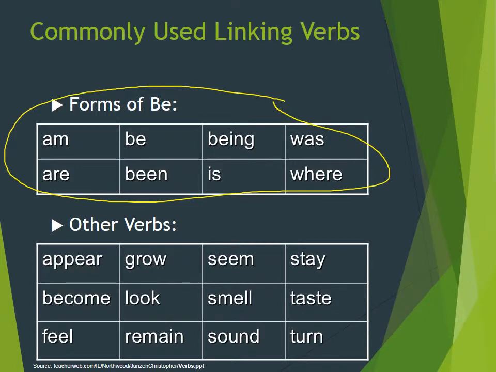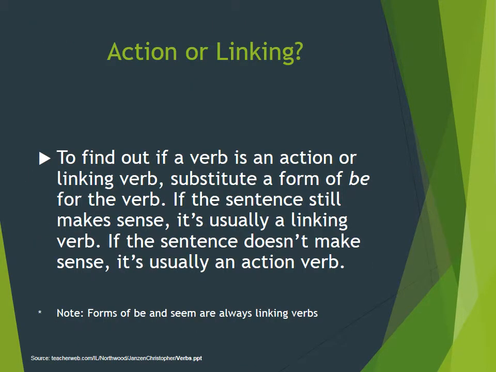So you want to substitute one of those words for the verb and see if it makes sense. If the sentence still makes sense, it's usually a linking verb, and if the sentence doesn't make sense, it's usually an action verb. And just keep in mind that the forms of be and seem are always linking verbs.